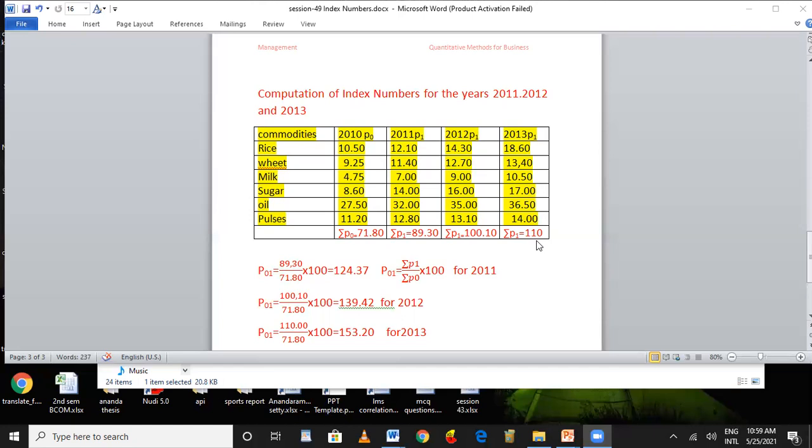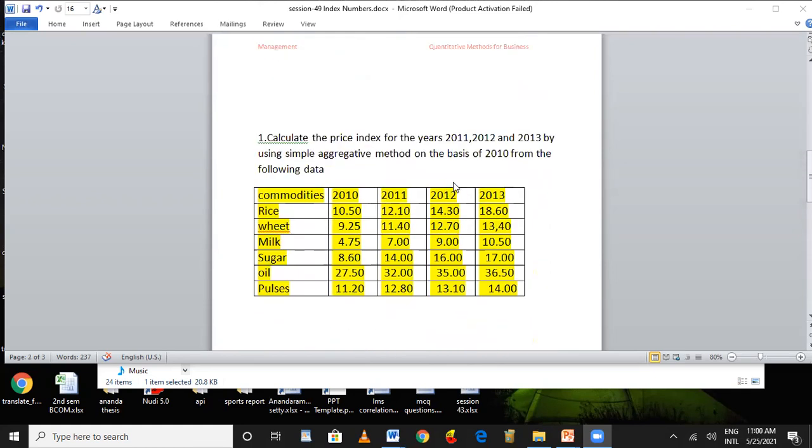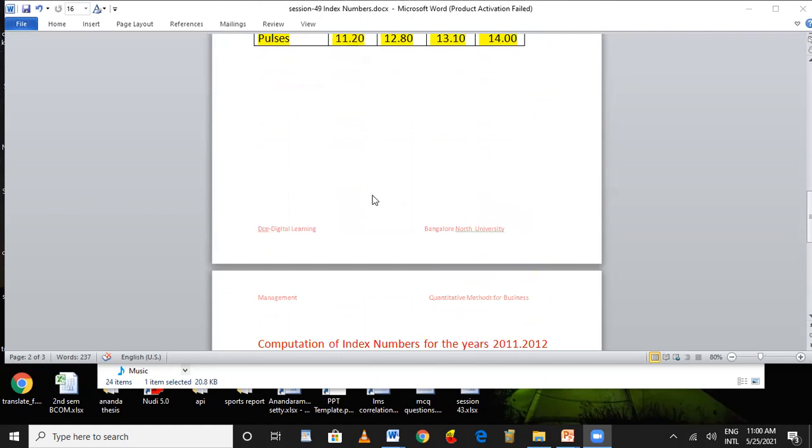Sigma P1 is equal to 110. 110 divided by 71.80 into 100 gives 153.20 for 2013. So in this way, we calculate the index number according to the simple aggregative method. Only prices have been considered for the current year and the base year.